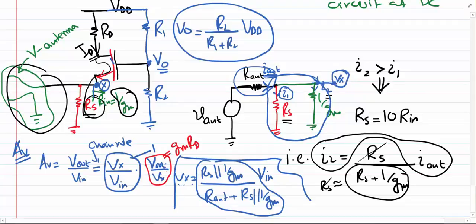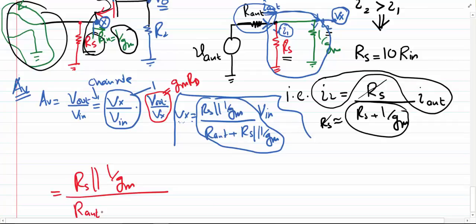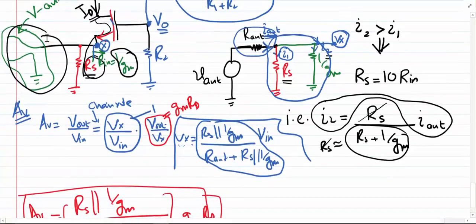So if I combine these two results, I'll get AV to be equal to RS in parallel with 1 over GM divided by R antenna plus RS in parallel with 1 over GM times GM RD. So this is my voltage gain for this circuit over here.